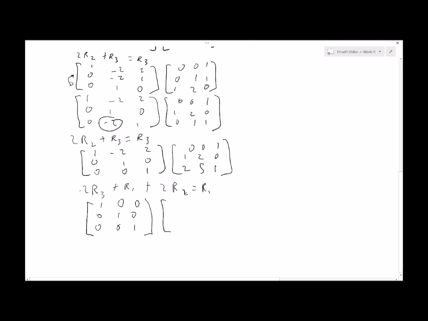So it's gonna be negative 4 plus 1. Sorry. It's gonna be negative 2 row 3. So negative 4 plus row 1 plus 0 plus 2 is gonna be negative 2.